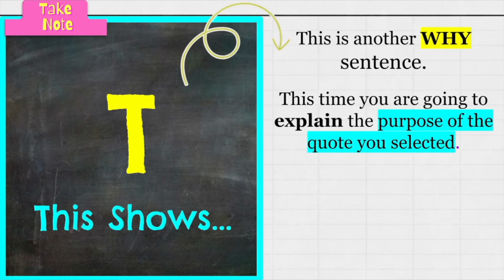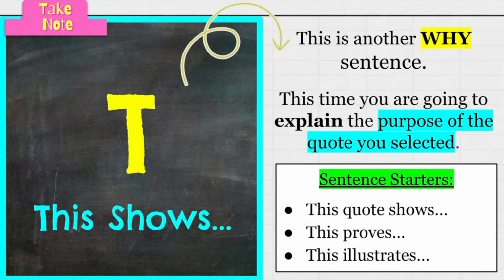What's important about that? What does that show me as a reader? How does that support your answer? These are some great sentence starters: this quote shows, this proves, this illustrates. These are great ways to start your final sentence, and it will help us understand why you picked that quote.